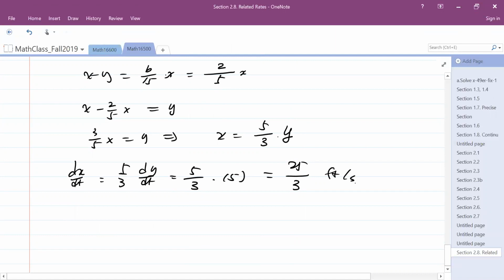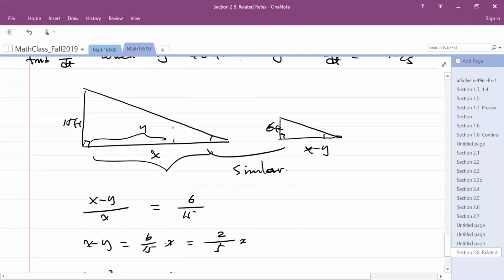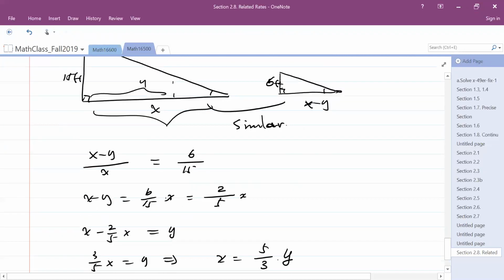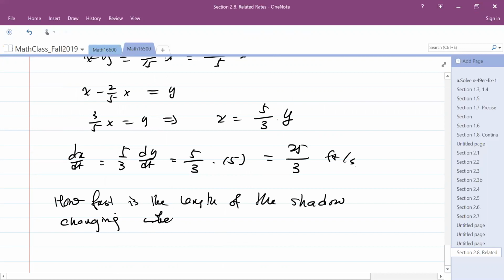Now, if you want to find how fast the length of the shadow changes, then that is a different problem. The question: how fast does the length of the shadow change, when he is 40 feet away from the pole?